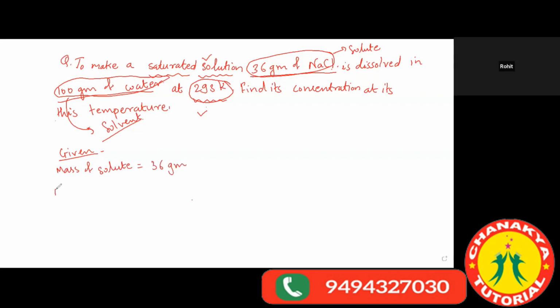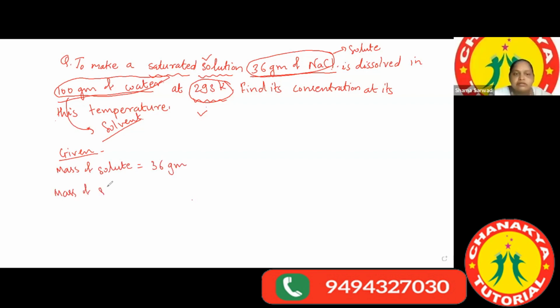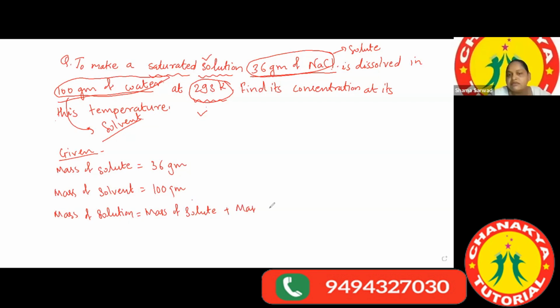And the next, mass of solvent is equal to how much? 100 gram. And the mass of solution is equal to, what would be the formula? Mass of solution is equal to mass of solute plus mass of solvent.